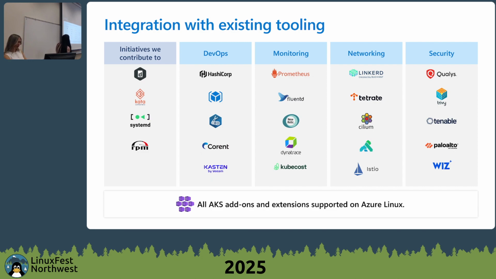We have networking integrations, and then security like Qualys scans for our CVEs. And I think Flora did already go into the range of AKS add-ons and extensions. And again, it's a list that we're working on, and we have various other vendors in the pipeline right now that we are trying to integrate with Azure Linux, and we'll keep working on growing this list as we go.